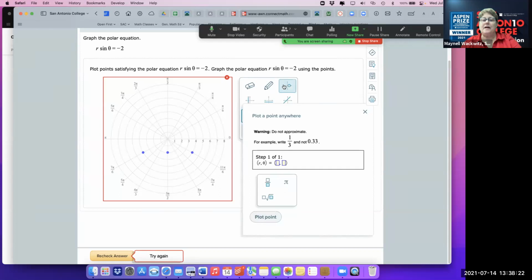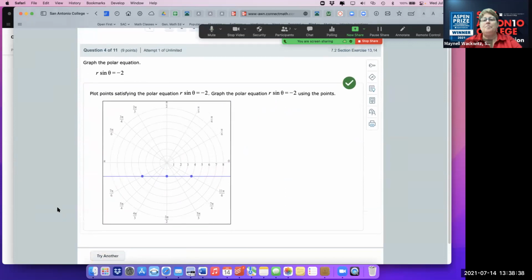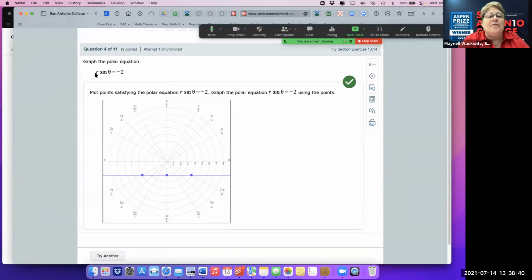And let's see if it actually acknowledges that I have. It did, yes. Oh, I don't want the circle thingy though. I want a straight line. Yay. So it helped that I remembered that r sine theta is -2.